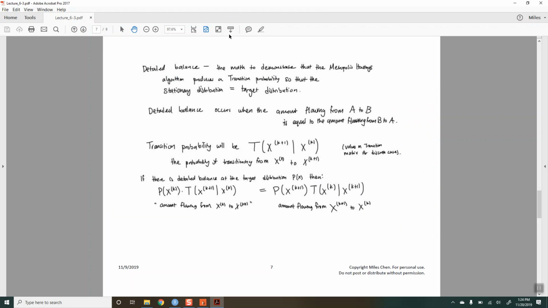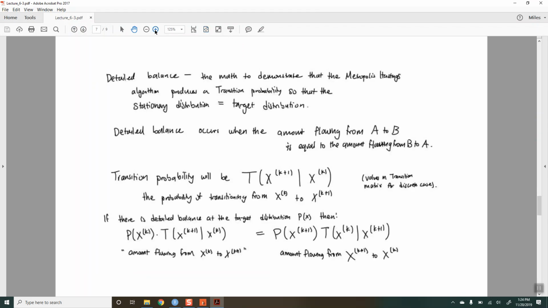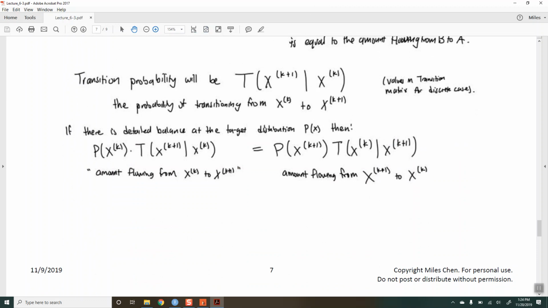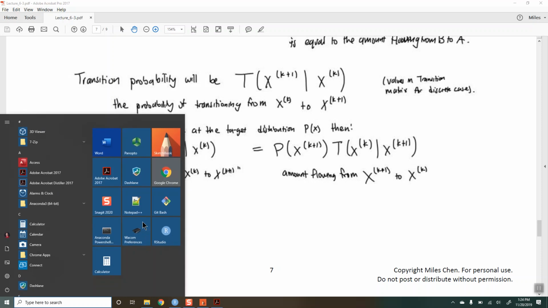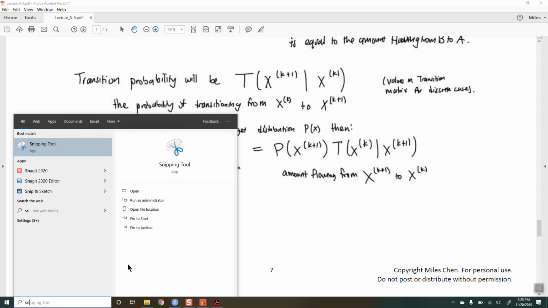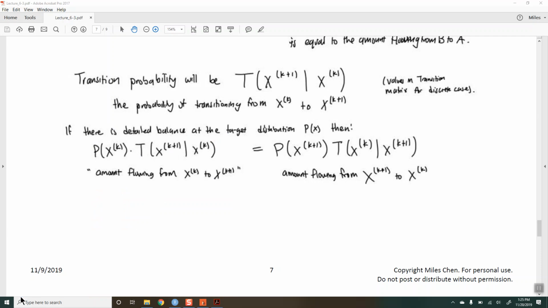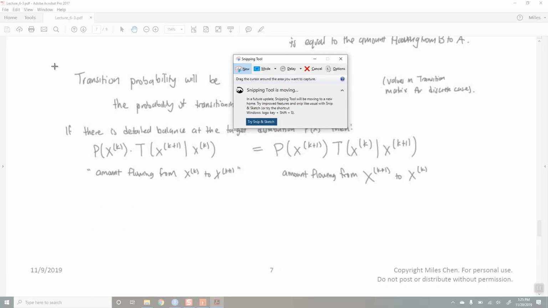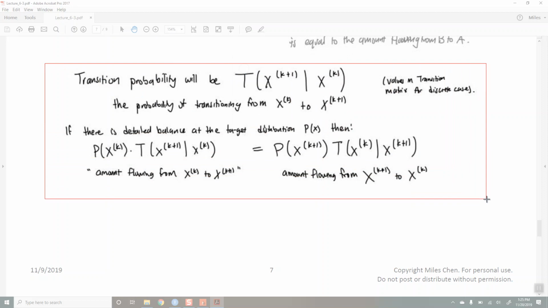All right, so this is what I had said. I realized there's a little bit more that I could say about this, because I didn't actually finish the derivation or the proof here.